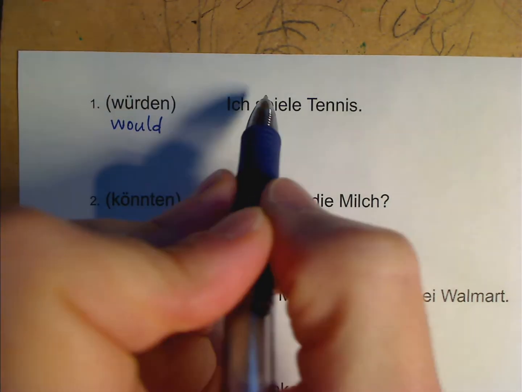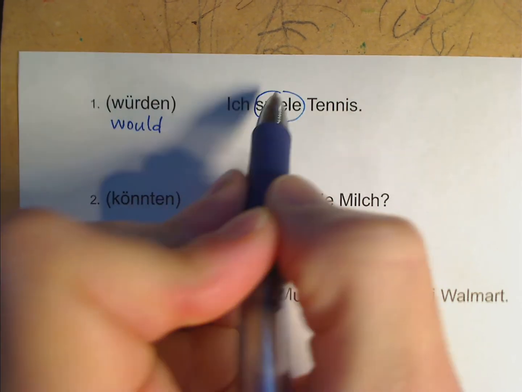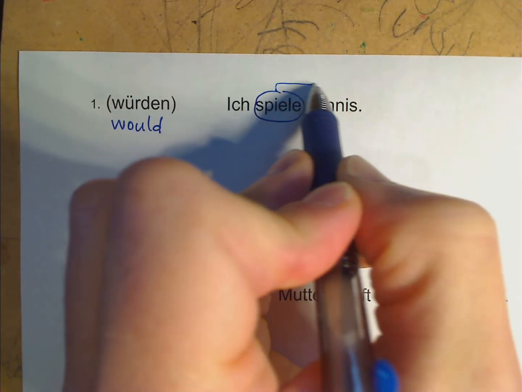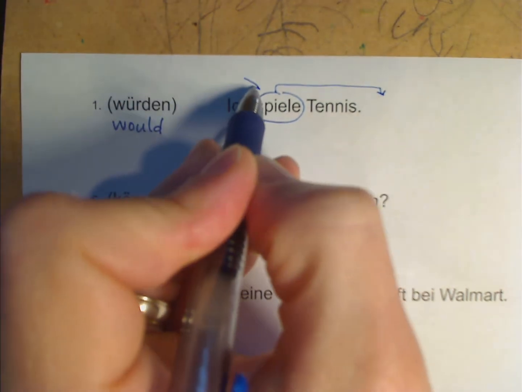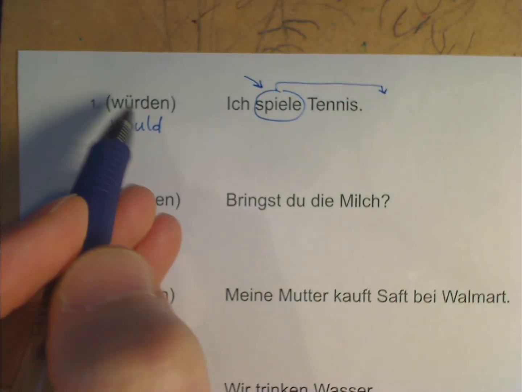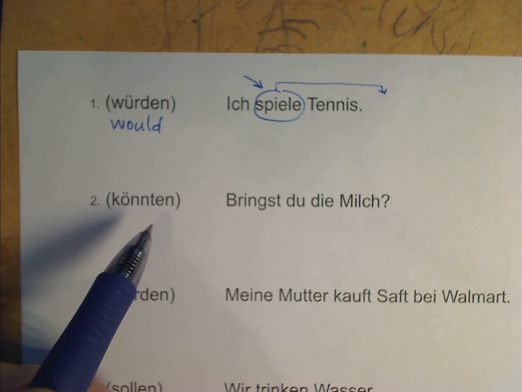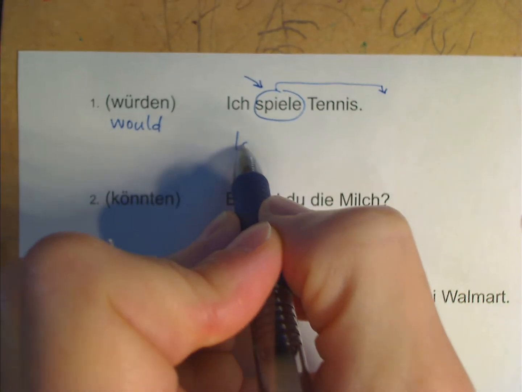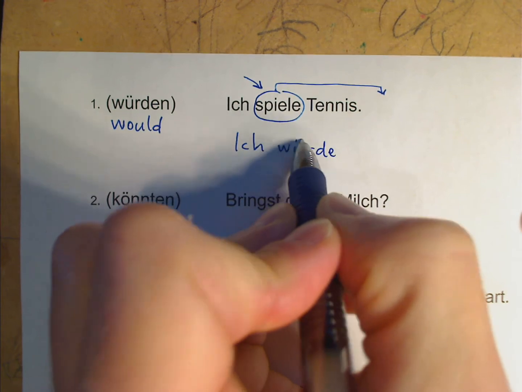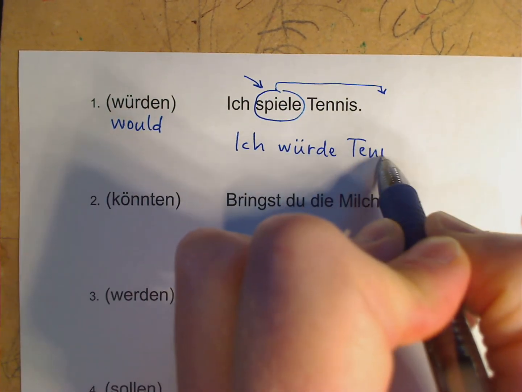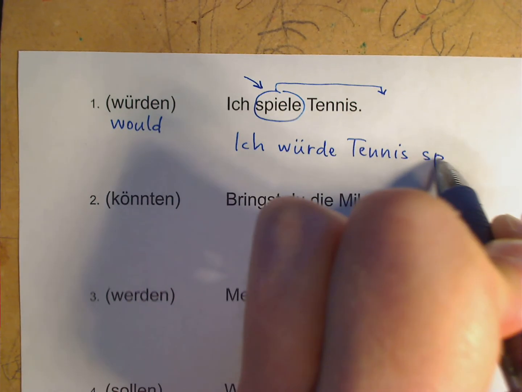What we do is we take this verb spielen, spiele, we're going to unconjugate it and throw it to the end, and then in its place, we're going to put the ich form of würden. So it'll look like this. Ich würde Tennis spielen.